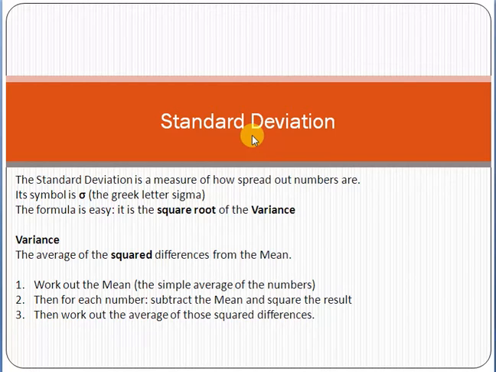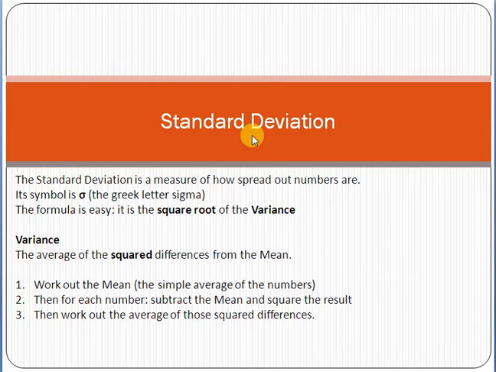So you will say, how much do you deviate from the target? 30%. So just keep in mind this example, that standard deviation means how much you deviate from the mean. Standard deviation is a measure of how spread out numbers are.